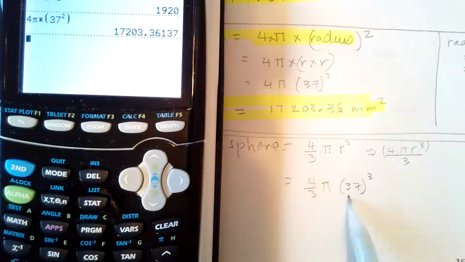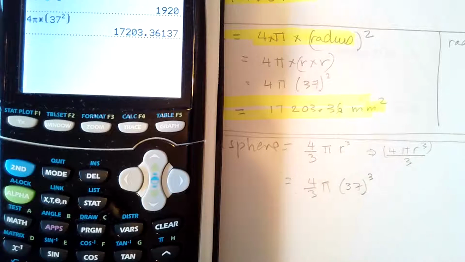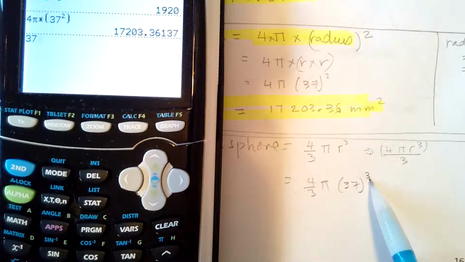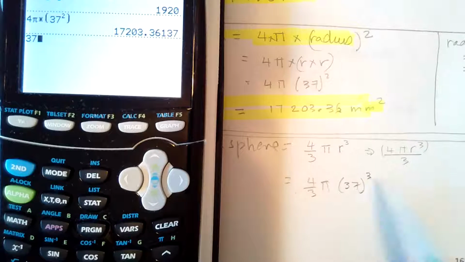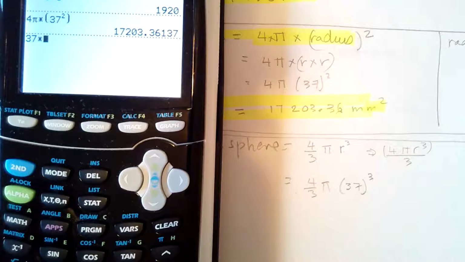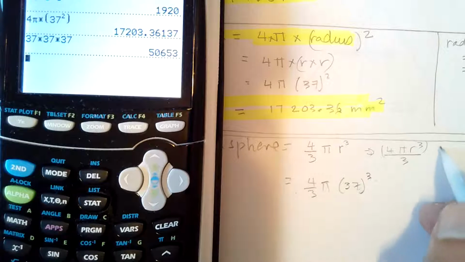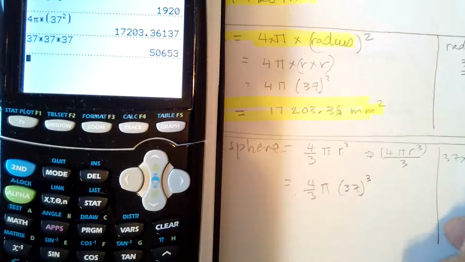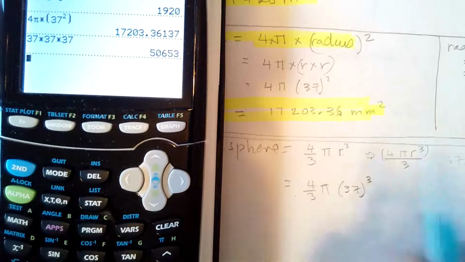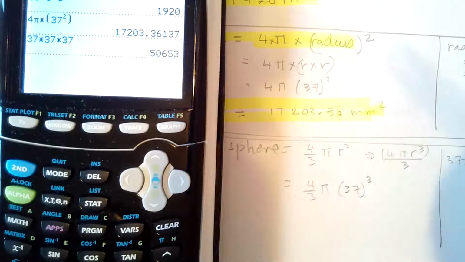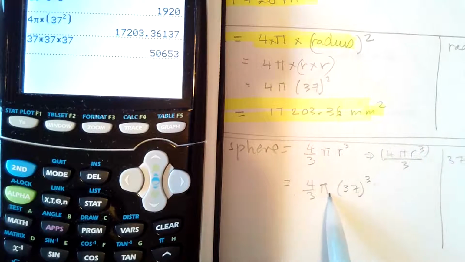If you do not have a bracket in your calculator, most scientific calculators do, but if you don't, you can simply put 37. Now you need cube here. If you cannot find the cube button on the calculator, you just multiply 37 by itself 3 times. So 37 to the power 3 is the same as 37 times 37 times 37. That gives me 50,653.